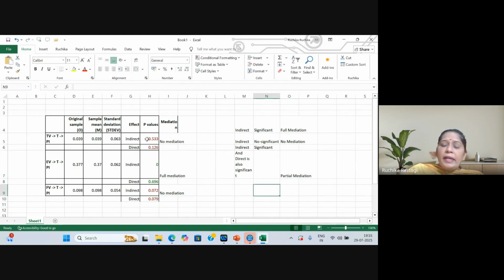So here the indirect is not significant, so no mediation. We will not see whether the direct is significant or not. Indirect is significant, full mediation. But if direct is also significant along with the indirect, what kind of mediation will be there? Partial mediation. Is it okay?